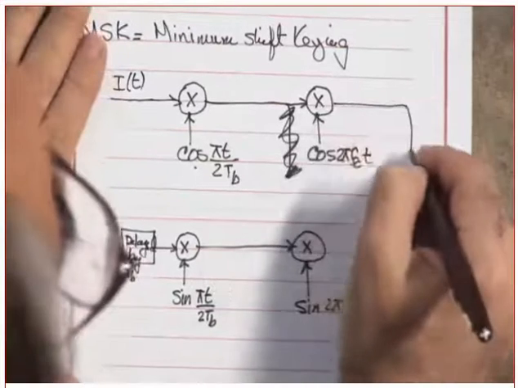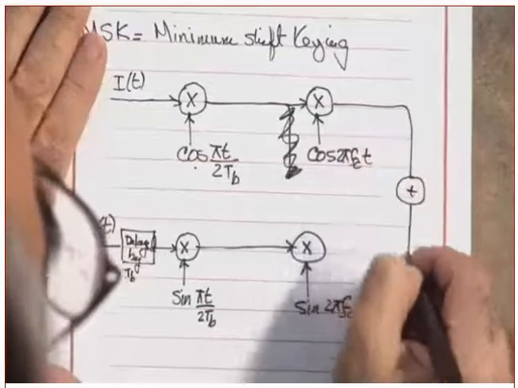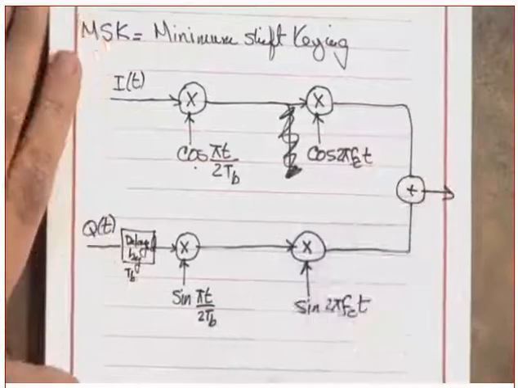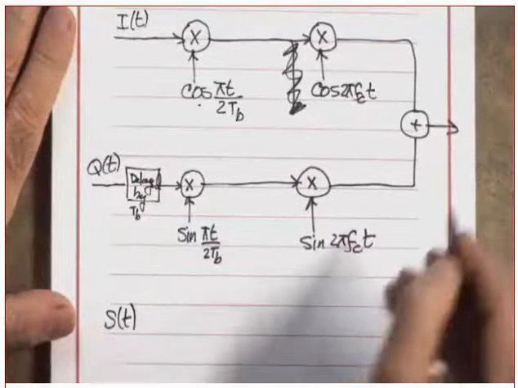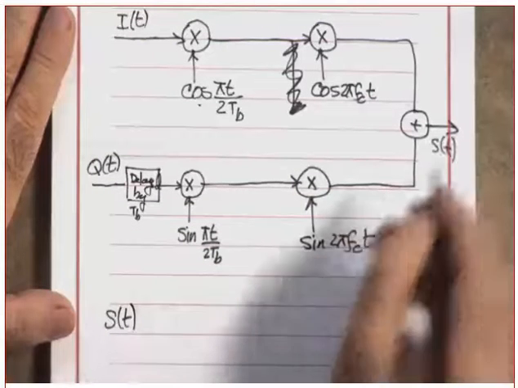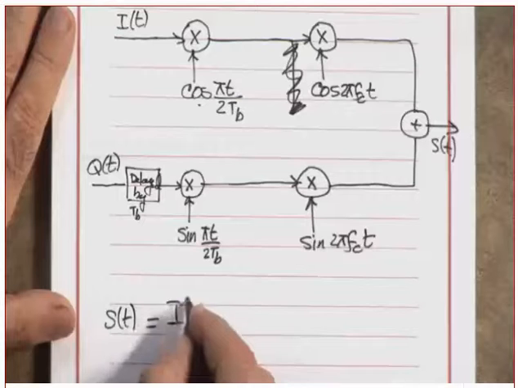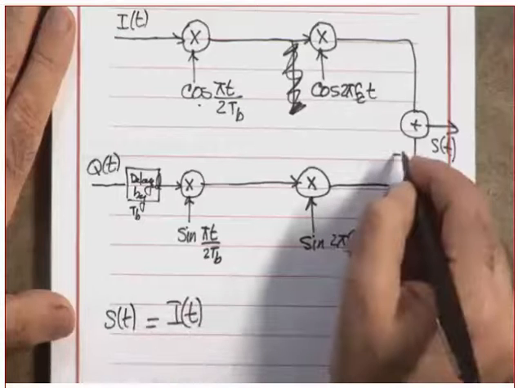Okay, then what do we do? So what is the s of t? S of t is equal to what? I of t, so there is a minus sign.